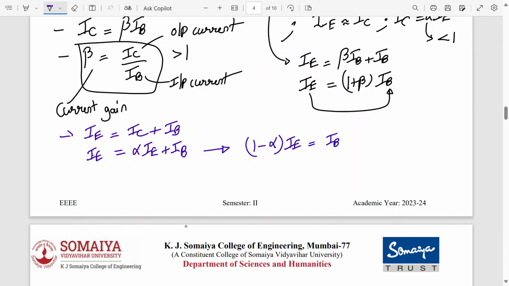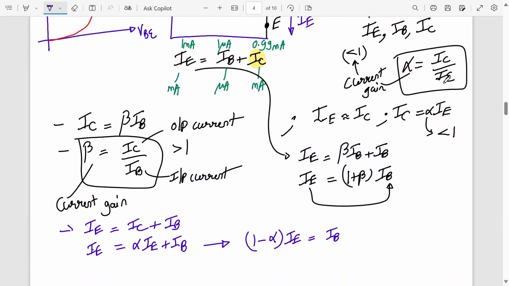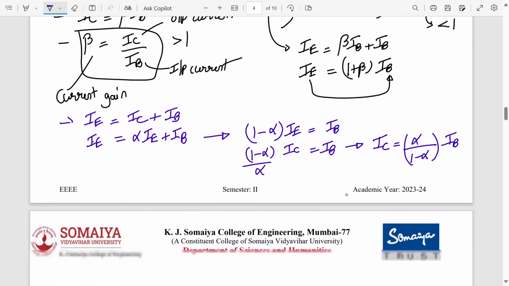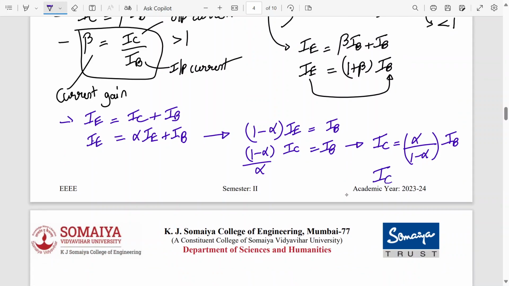Okay. And IE in terms of IC can be written as, what is the relationship? IE will be IC upon alpha, right? So this can be written as IC is alpha upon (1 minus alpha) times IB. And this is actually called beta.